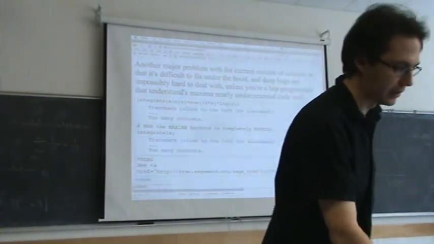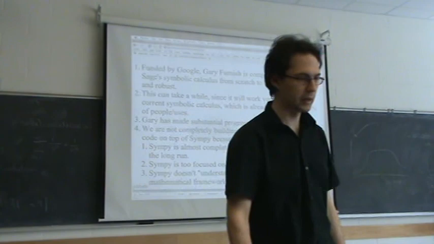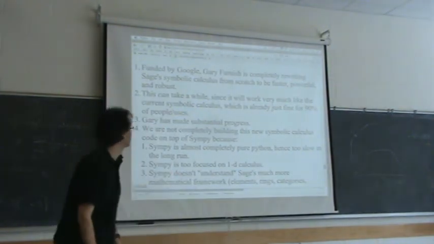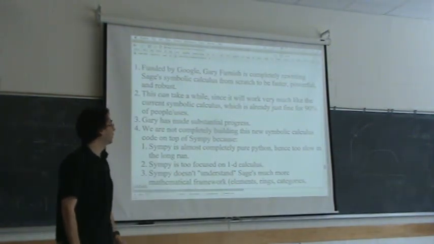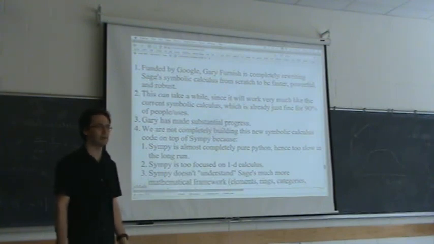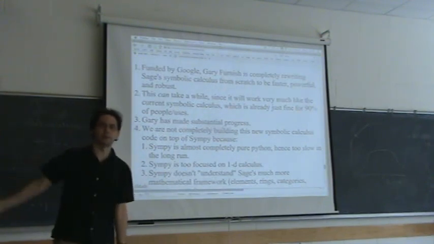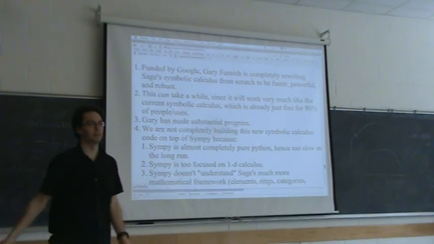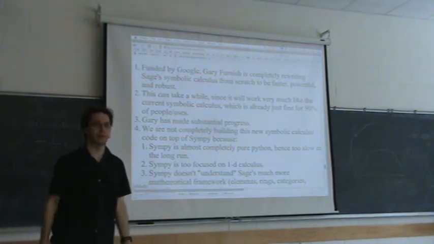Here's what our future plan is. Gary Furnish, for the last 6 months or so, has been working on completely rewriting entirely in Python all of the symbolic calculus stuff in Sage. And he's going to spend his whole summer full-time working on this, partly as part of Jim Morrow's REU.